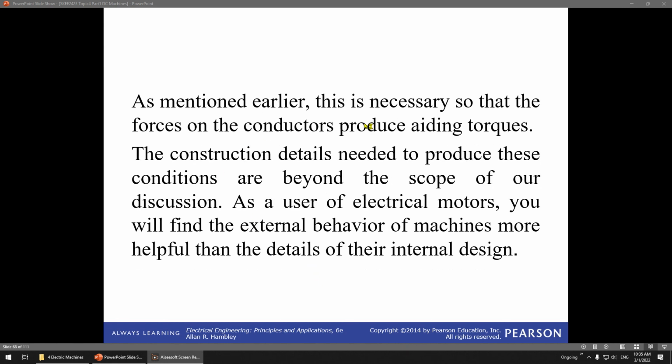As mentioned earlier, this is necessary so that the force on the conductors produces torque in the same direction. The construction details are beyond the scope of our discussion. As users of electric motors, you will find the external behavior of the machine more helpful than the detail of the internal design.